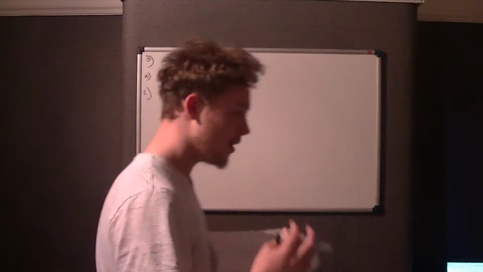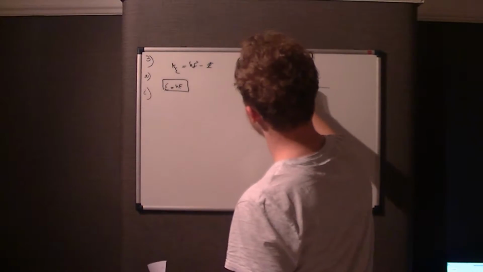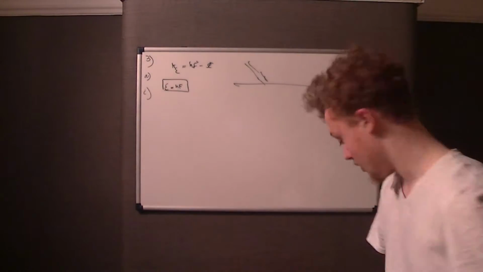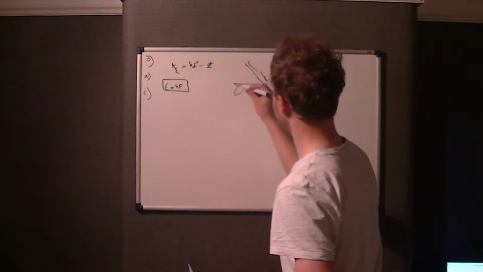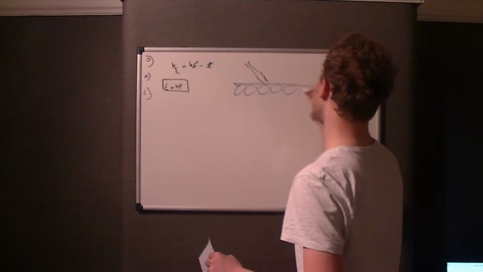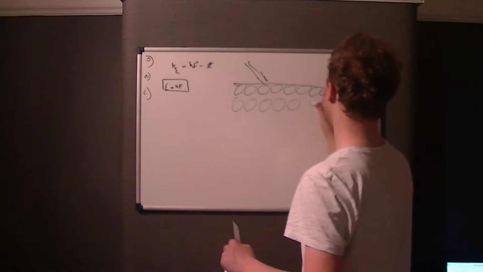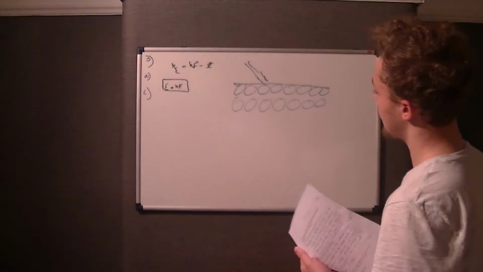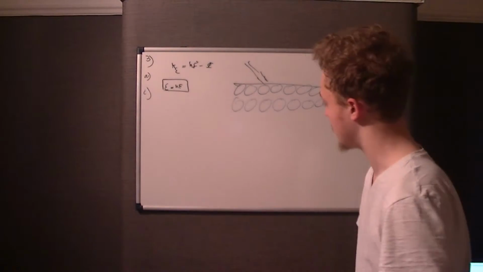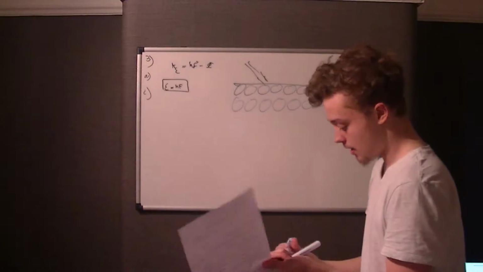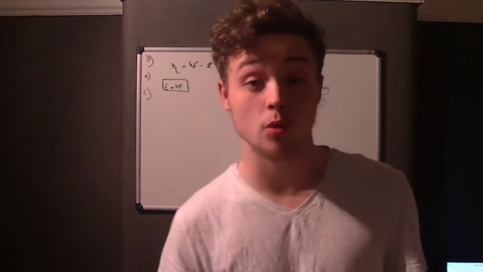So when these incident photons reach the surface of the metal, I'll draw some crude electrons here. These photons are hitting the surface of the metal, and the first set of electrons don't have to do any work to get to the surface.